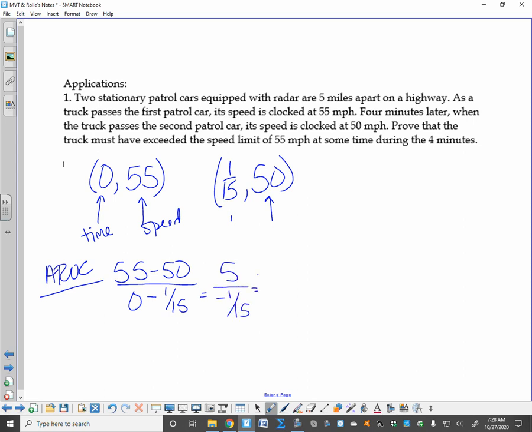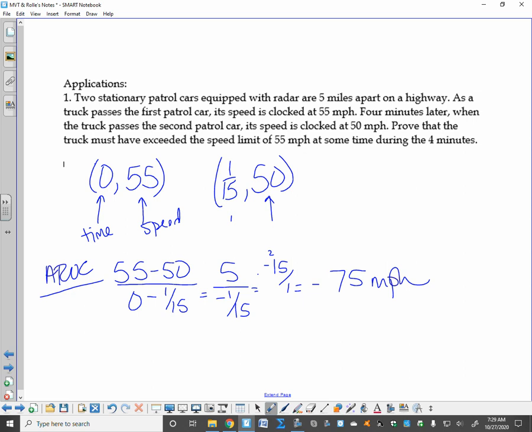And then if you flip that, I get negative 75. Okay, now you're done with the math. Now you have to make the connection. His average rate of change is 75 miles per hour.